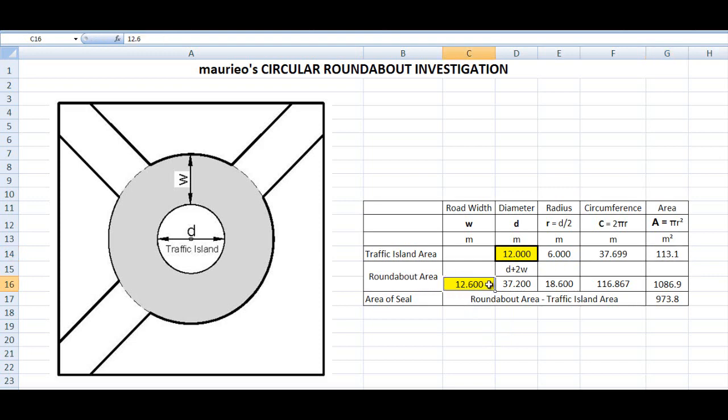The area of the roundabout, I've got down in here. I've just got the little formula in here: D plus 2W will give us the diameter of the large roundabout circle.